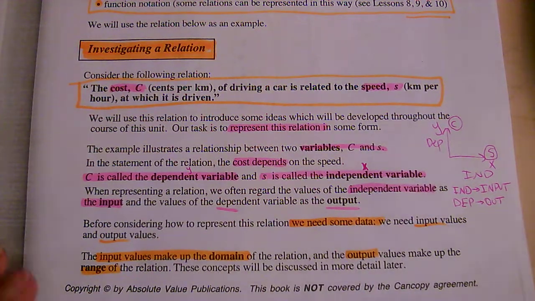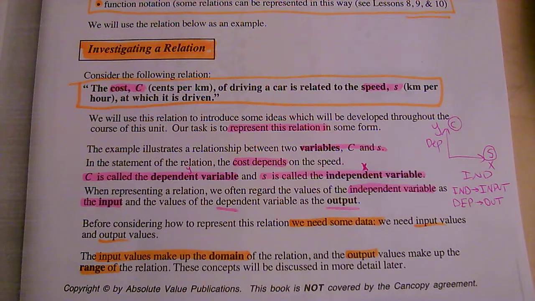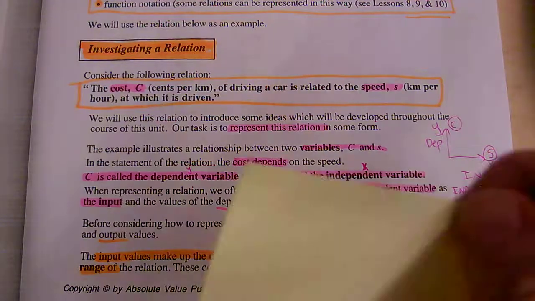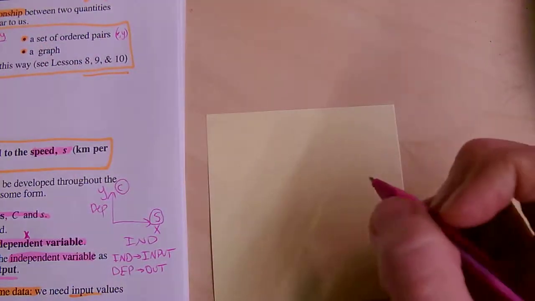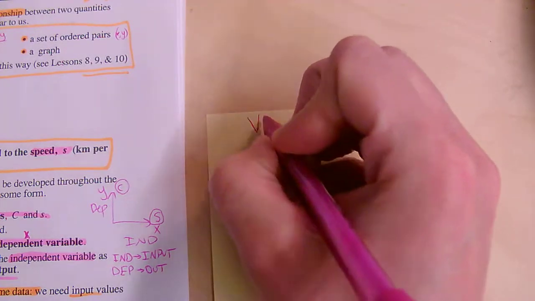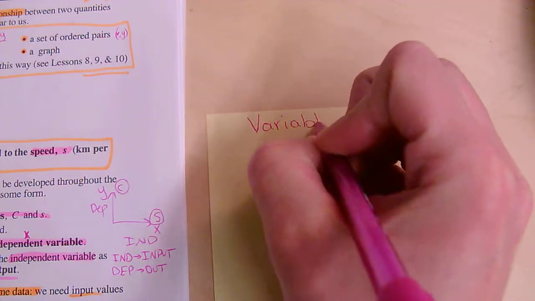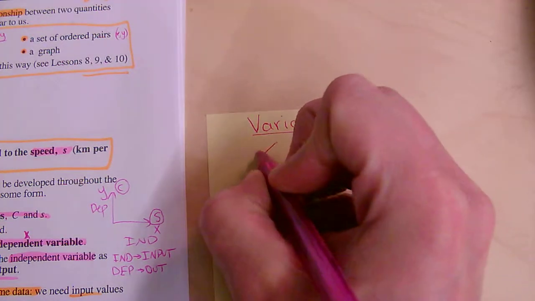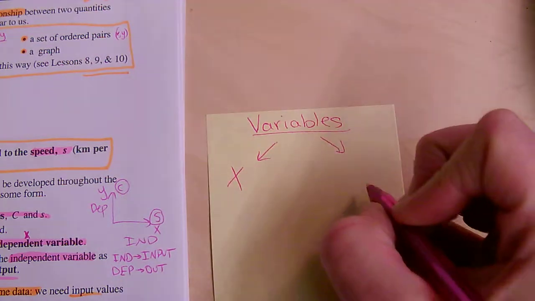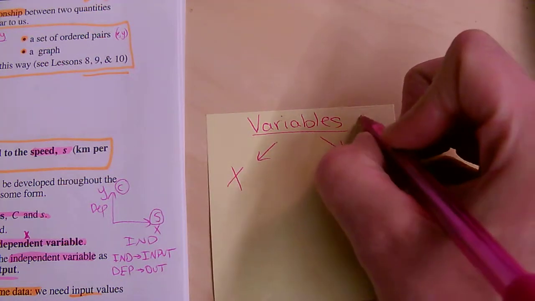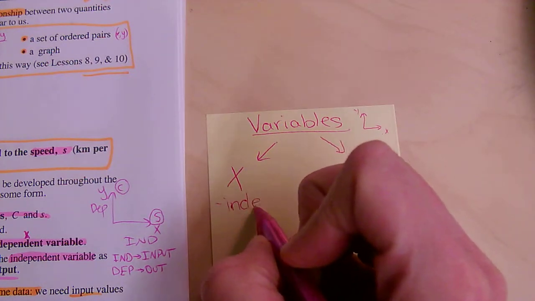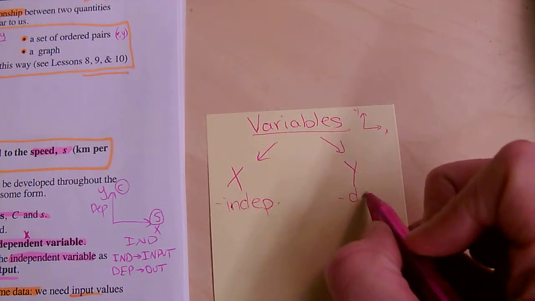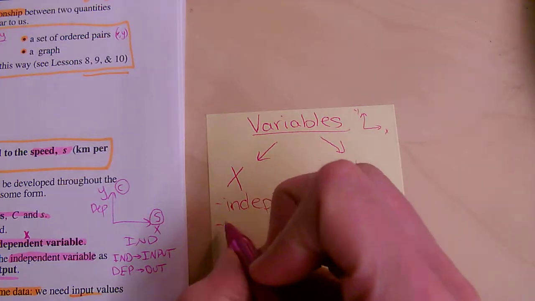So I'm just going to grab a sticky note. You can draw or make this note wherever you want. For the variables we've talked about so far, we've got the X variable and the Y variable. X is the independent variable, Y is the dependent.